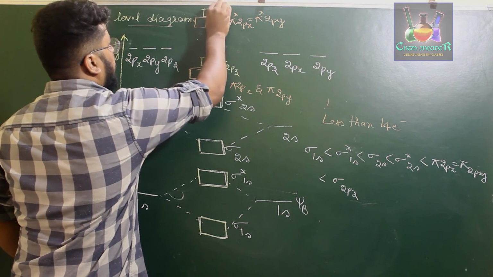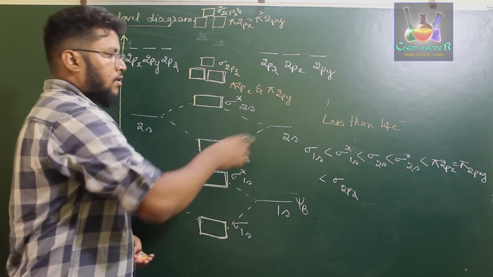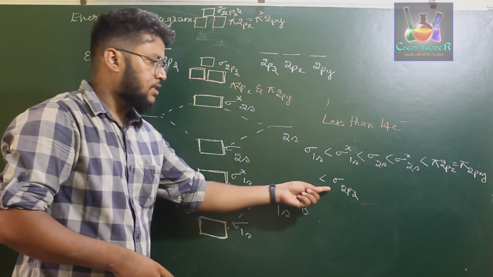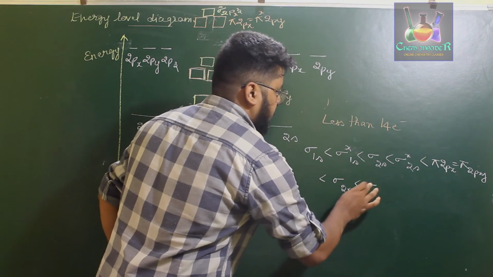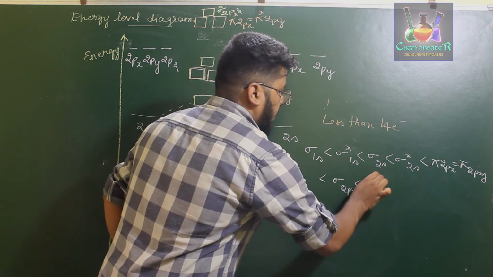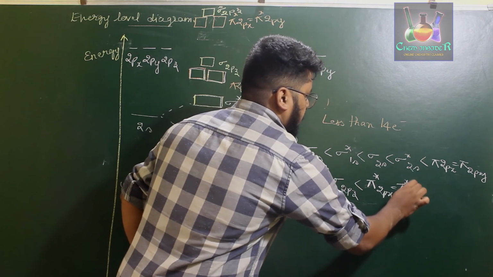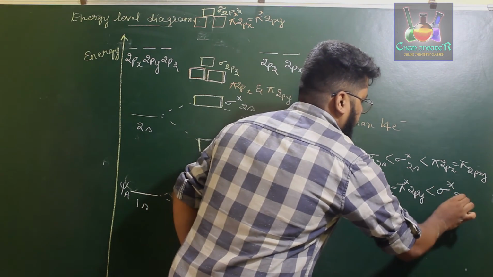Pi 2px is equal to pi 2py, which is less than sigma 2pz, which is less than pi star 2px equal to pi star 2py, which is less than sigma star 2pz.